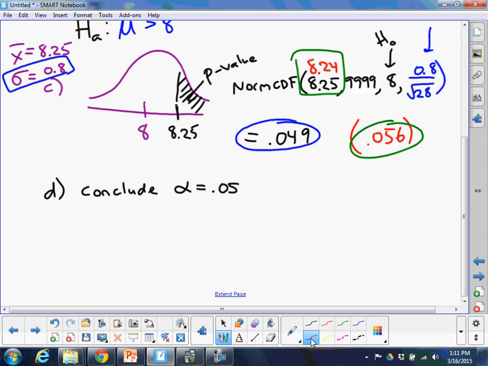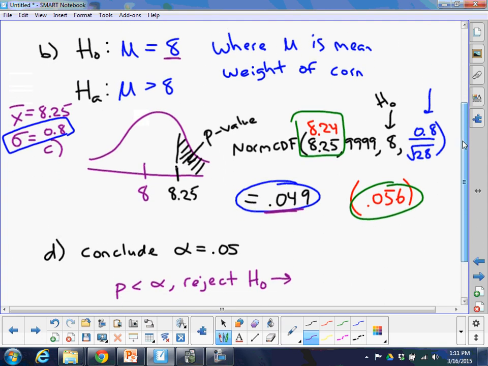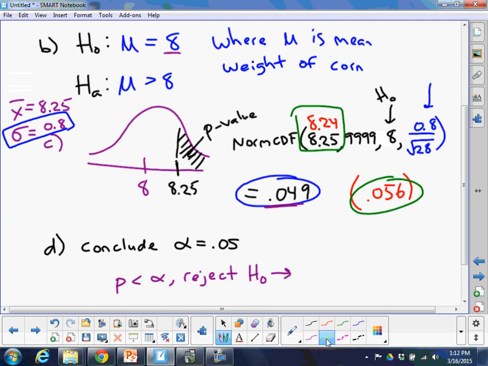Because let's make our conclusions. For the first version, when we got 0.049, that value is less than alpha. Okay, so we reject H0. Okay, and what that means is there's not evidence that the fertilizer worked, right? We're going with H0. So we're kind of going with this guy. We don't have evidence for HA.